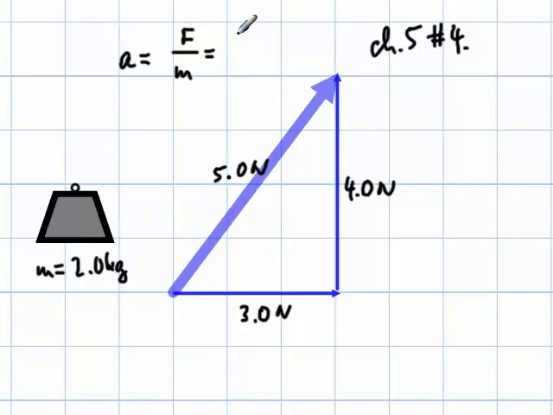So the force of 5.0 newtons divided by 2.0 kilograms comes out to 2.5 newtons per kilogram, or meters per second squared.